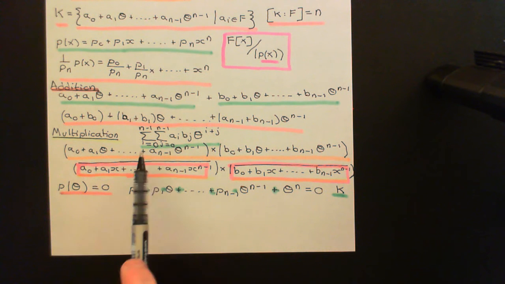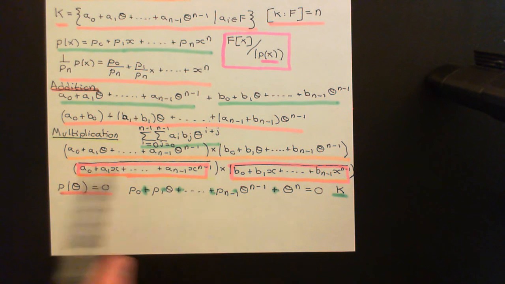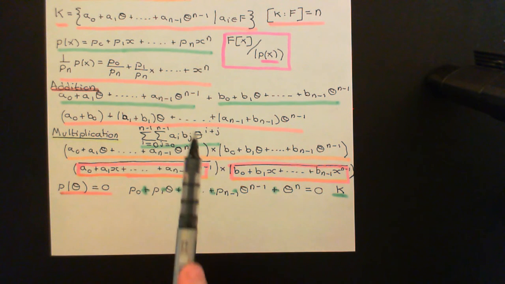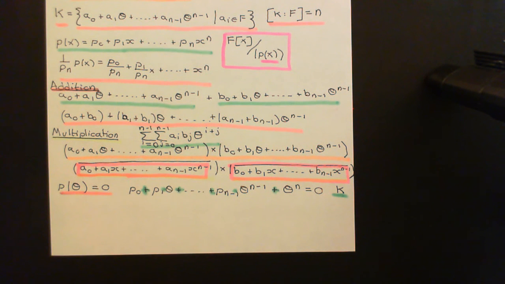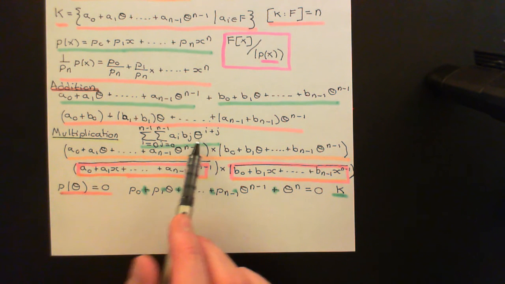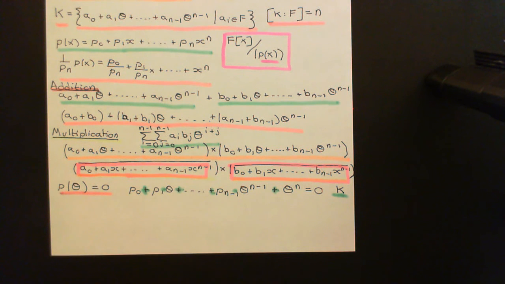You can ask about higher powers of theta, but why on earth would you? Well, here we are going to need to ask about them, but normally we describe all of the elements with linear combinations of the lower powers of theta. So we need to find the higher powers of theta as linear combinations of the lower powers of theta.